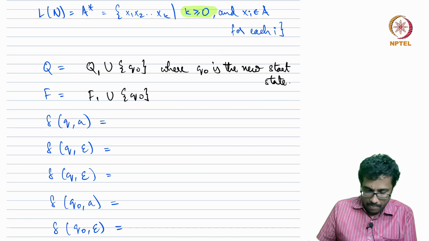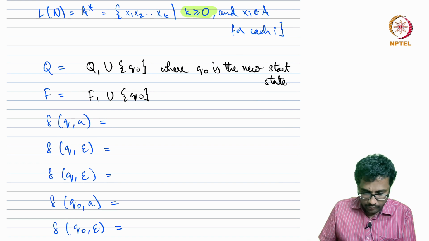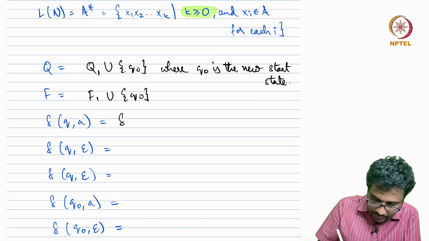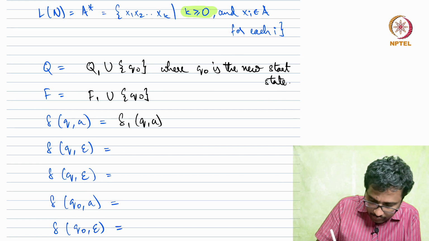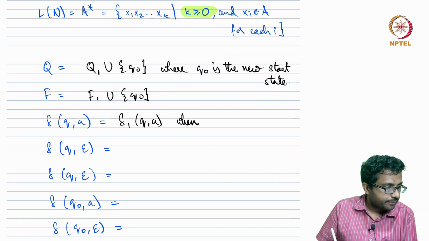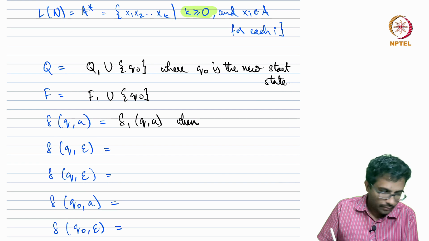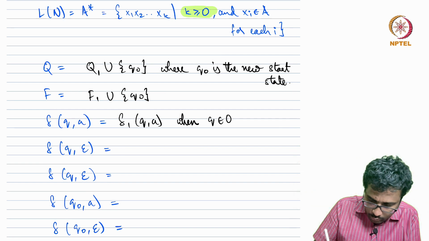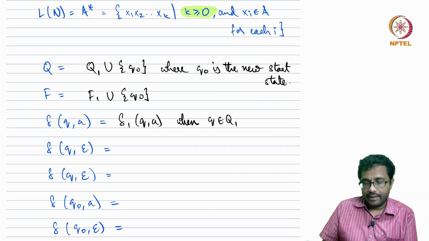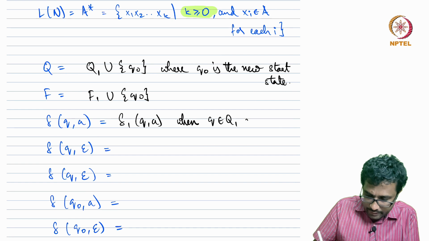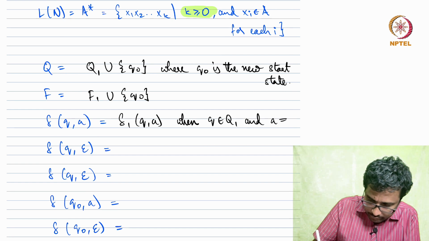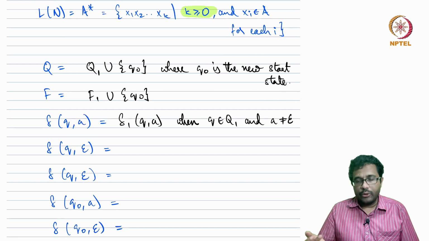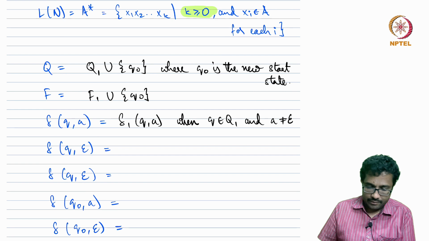So the transition will be the same as the existing transition delta 1 of Q, A when Q is in Q1, an existing state, not the newly added state, and A is not epsilon, right? Because the only new transitions that we added are the epsilon transitions.